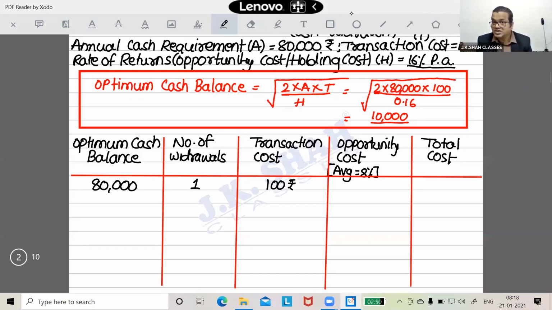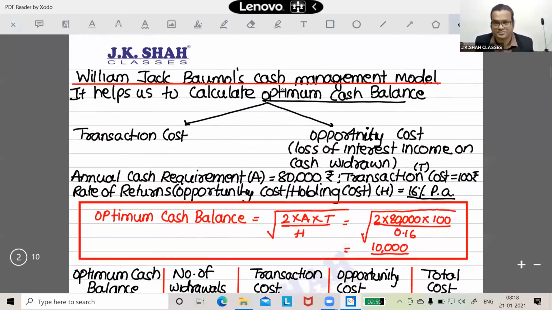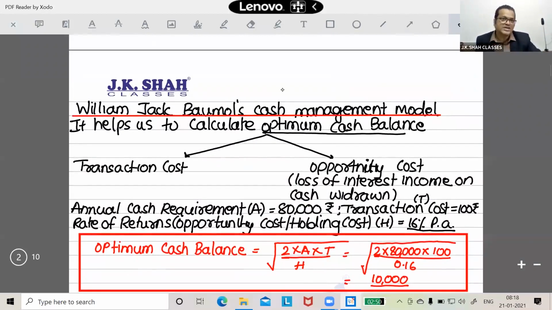But sir, you wrote average as 8%. Why so, sir? Okay, I'll talk about it. See, holding cost is 16%, right? So the very first day I withdraw all 80,000, I lose 16% rate of interest. But I think here I am trying to unnecessarily aggravate my own situation. Why on the first day I withdrew 80,000?